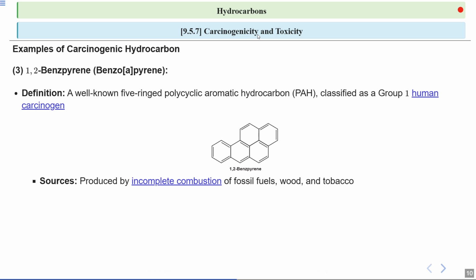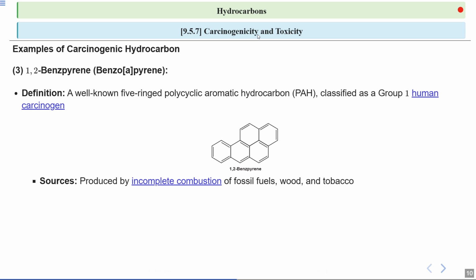Now, let's look at where benzo[a]pyrene comes from. It is produced from fossil fuels, wood, or tobacco. Whenever they are burnt, they produce this benzo[a]pyrene. This combustion occurs with a limited oxygen supply, and that is the reason it forms this carcinogenic hydrocarbon.